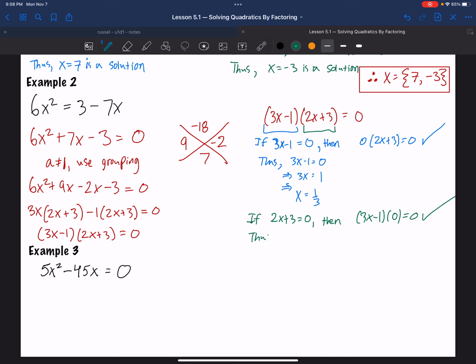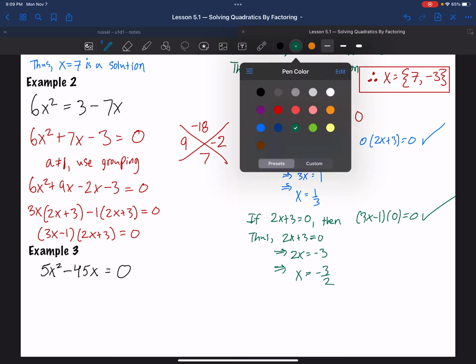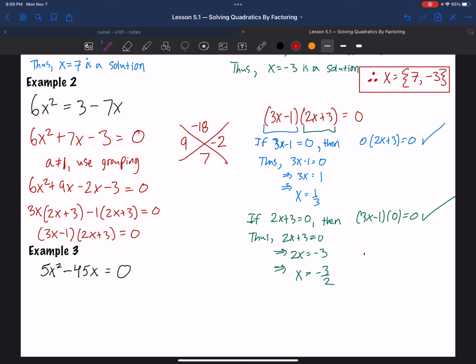So say thus 2x plus 3 equals 0 implies that 2x equals negative 3 by subtracting 3 to the other side, which implies x equals -3/2 by dividing by 2. Therefore, x equals -3/2 and 1/3. And those are my solutions.